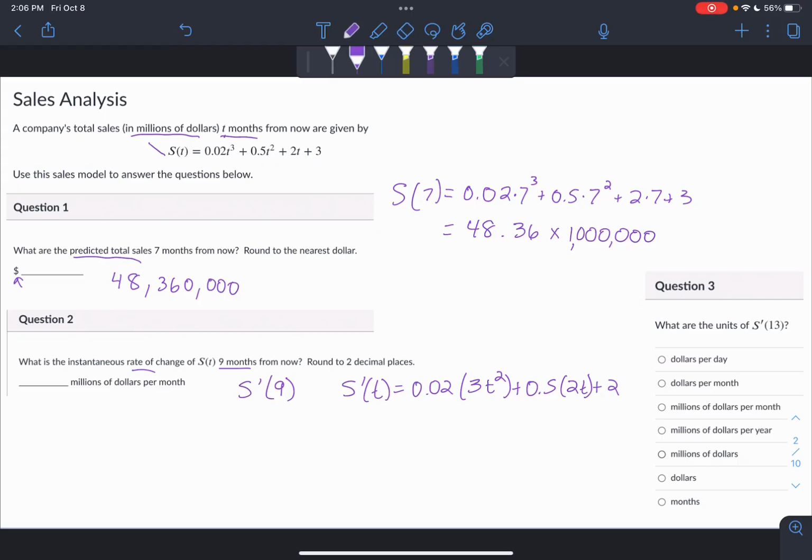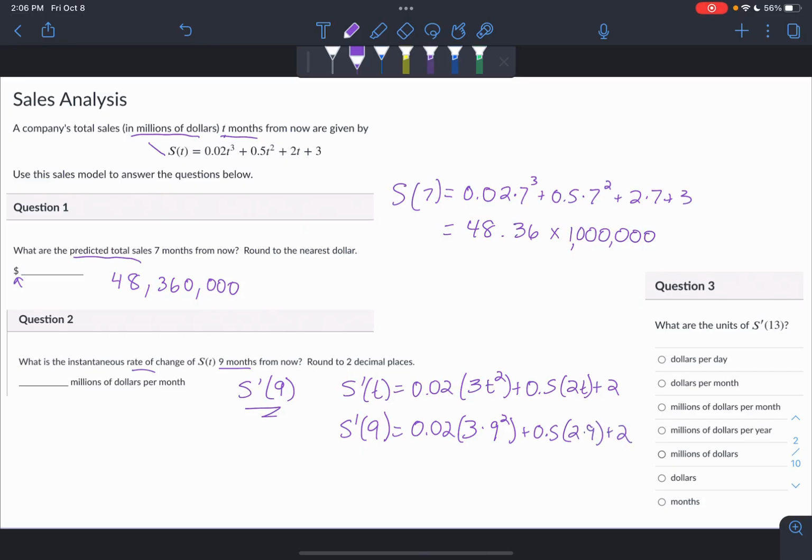So that's going to be our derivative. You don't need to simplify if you don't want to, because we're just going to go ahead and find S prime of 9. But if you like simplifying, that's fine too. So we're just going to plug in 9 wherever I see a T in my first derivative.